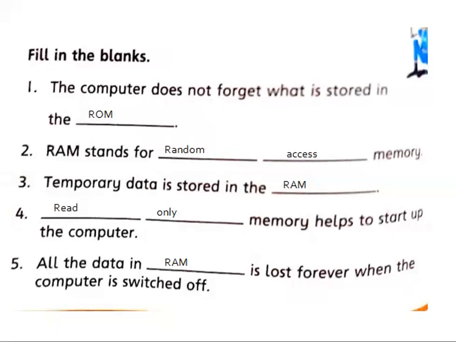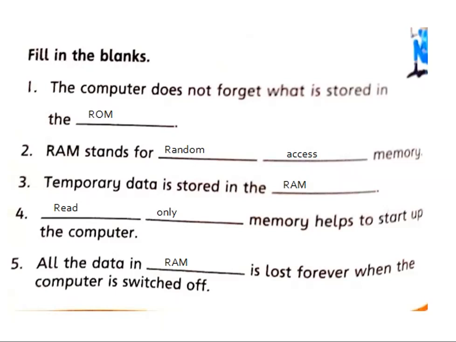The second one is: RAM stands for R for random, A for access, and M for memory. Okay, the third one is: temporary data is stored in the RAM, because RAM is a temporary memory.